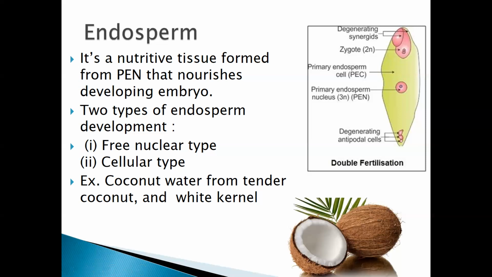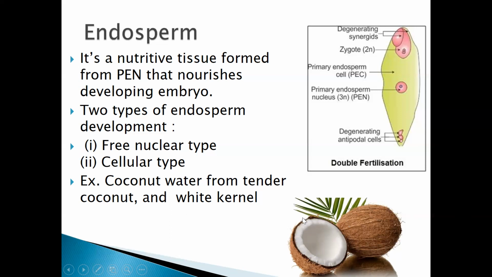It is a nutritive tissue formed from the primary endosperm that nourishes the developing embryo. If you want to know what endosperm is, it is the coconut water present in the coconut and the white kernel part present here.